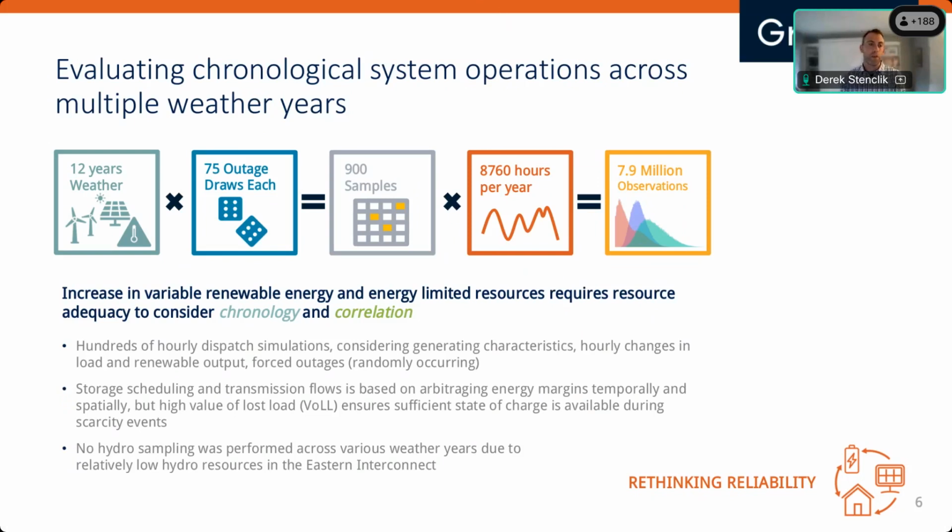You'll note, compared to some other resource adequacy studies that typically use a few decades' worth of weather data, so typically 30 to 40 years of weather data, we reverted to a relatively smaller subset, 12 weather years. The reason for that is we really wanted to get that weather correlation. We didn't want to rely on temperature bootstrapping.